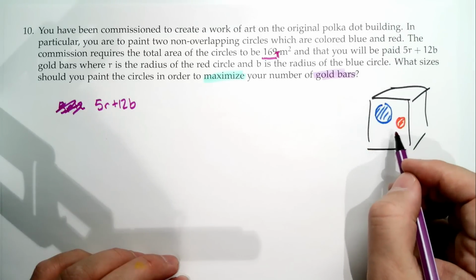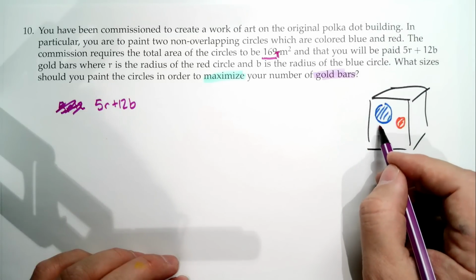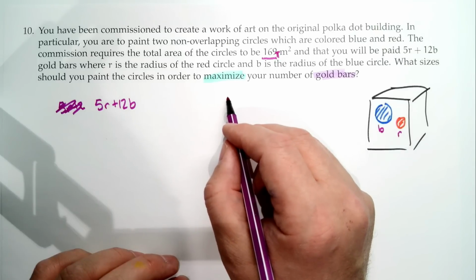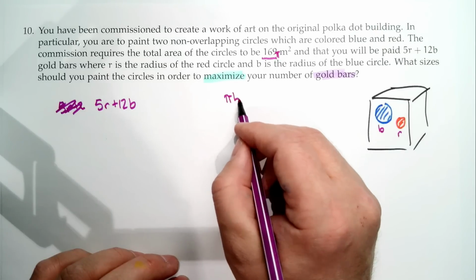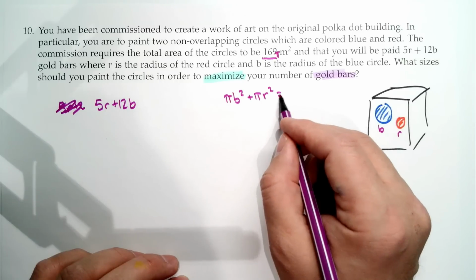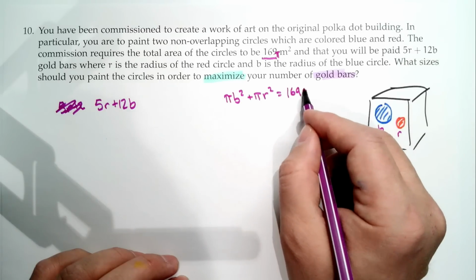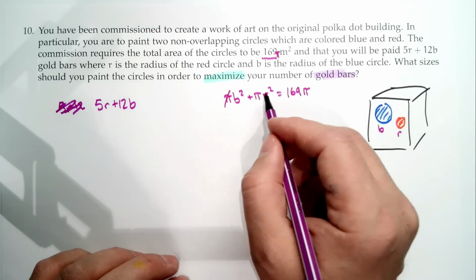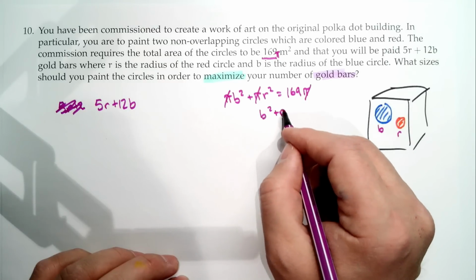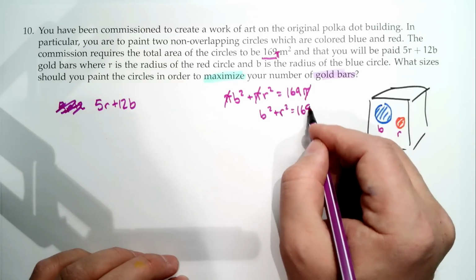The blue circle has radius b, and the red circle has radius r. So the area is pi b squared plus pi r squared, and that's going to equal 169 pi. So that's the reason I wanted to put the pi's in there, so that we can get rid of the pi's. So we get b squared plus r squared equals 169.